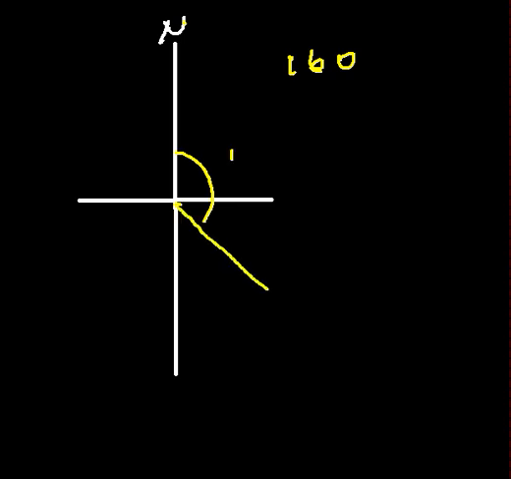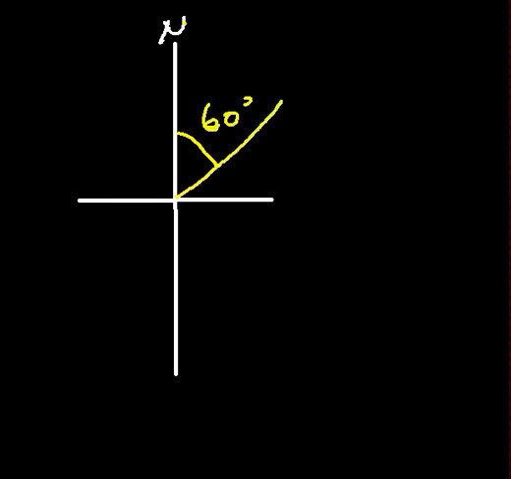So this is an angle of 160 degrees. How about the angle of 60 degrees? It is the angle within this, measured from the North Pole, and can be somewhere here. So this is an angle of 60 degrees, like that.